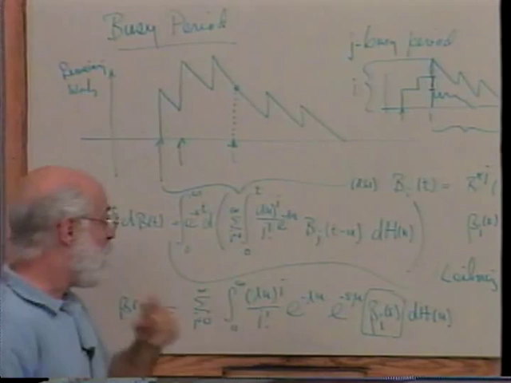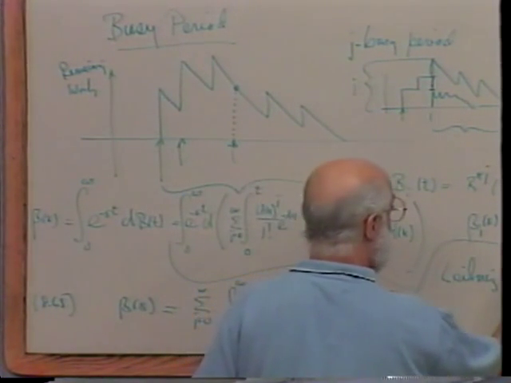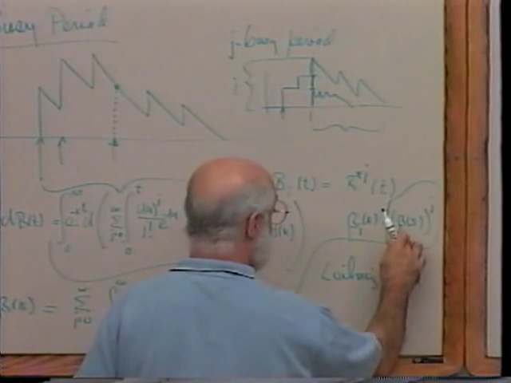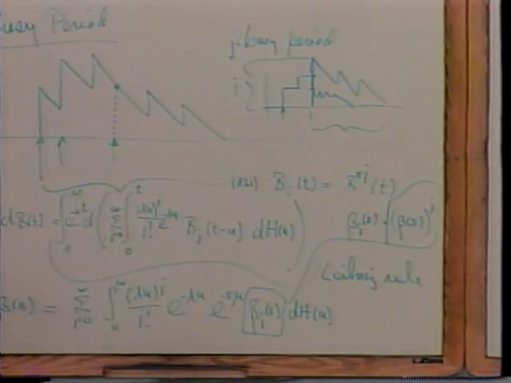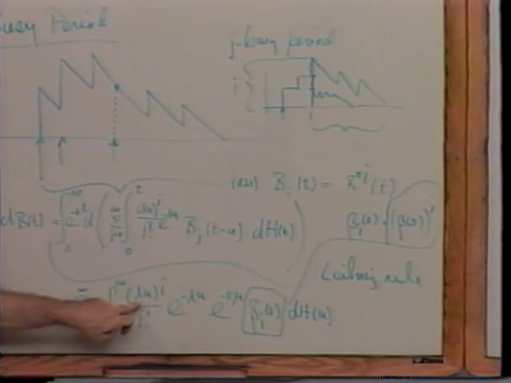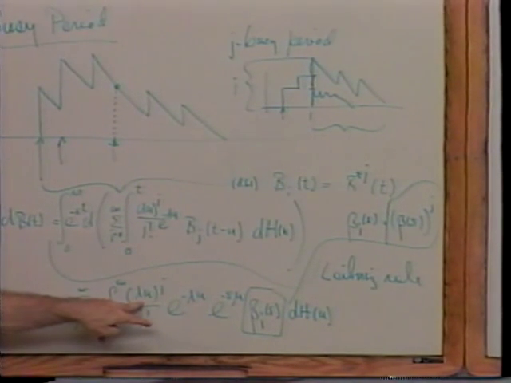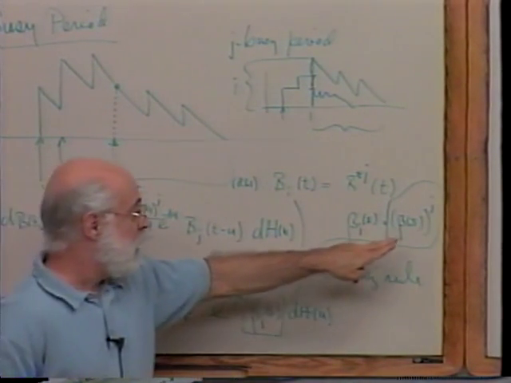But now we replace beta of j by beta of 1 to the j power. And that means that that thing can be combined with the lambda u to the j power and sum. And so when you do that, you're going to get an exponential. And in the exponential, there's going to be lambda, u, and beta.